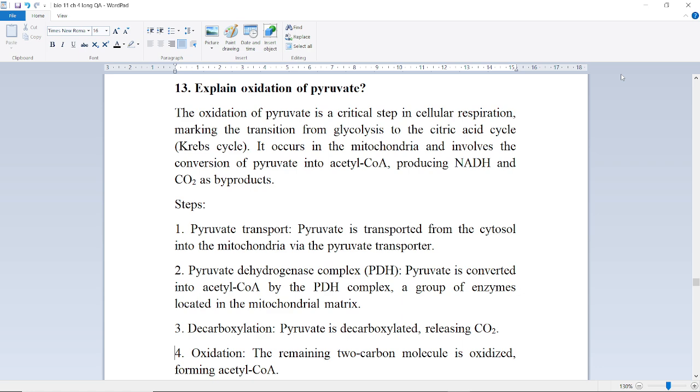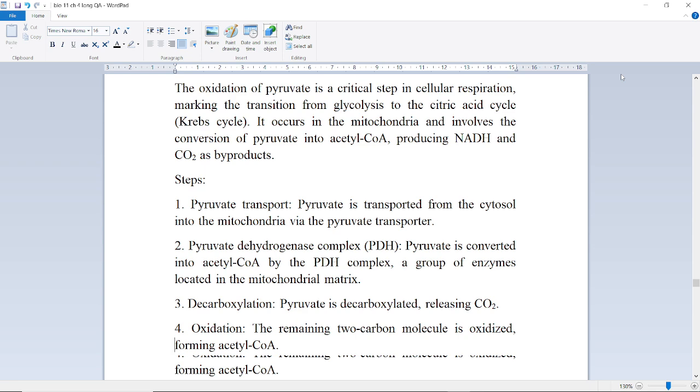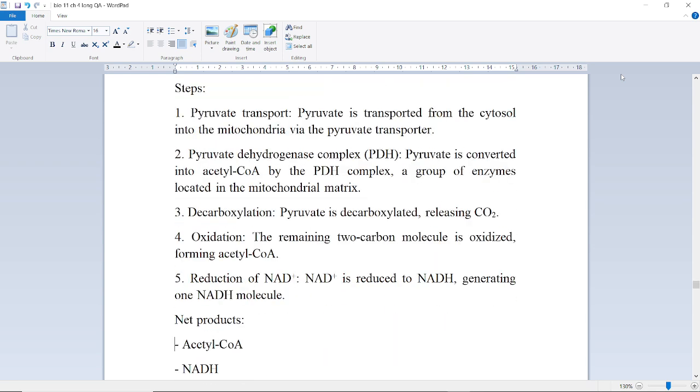the citric acid cycle. It occurs in mitochondria, and involves conversion of pyruvate into acetyl-CoA, producing NADH and carbon dioxide as byproducts. Steps: pyruvate transport. Pyruvate is transported from the cytosol into mitochondria via the pyruvate transporter. Pyruvate dehydrogenase complex: pyruvate is converted into acetyl-CoA by the PDH complex, a group of enzymes located in the mitochondrial matrix.